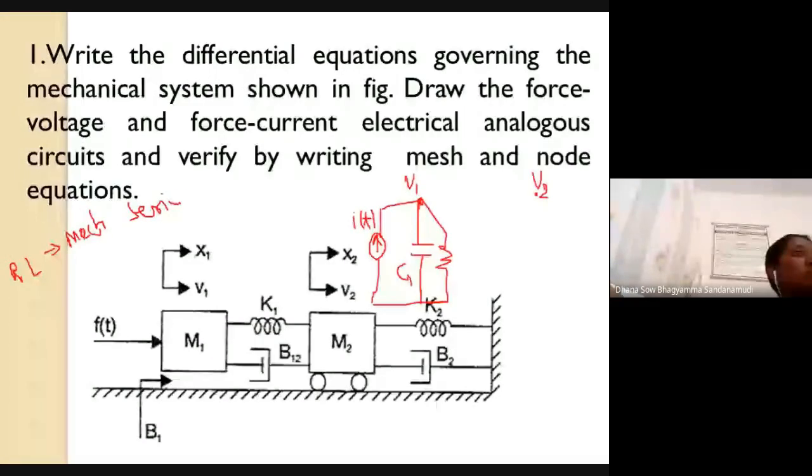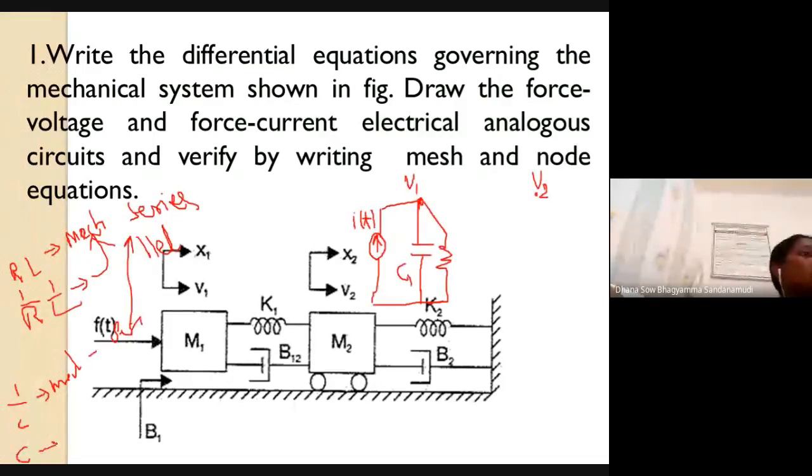If 1/R and 1/L are proportional to the mechanical terms, then they should be connected in parallel. Similarly, if 1/C is proportional to a mechanical term, then it should be connected in series. If C is proportional to the mechanical term, then it should be connected in parallel.